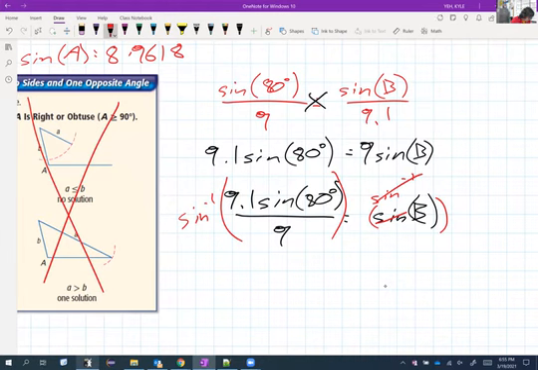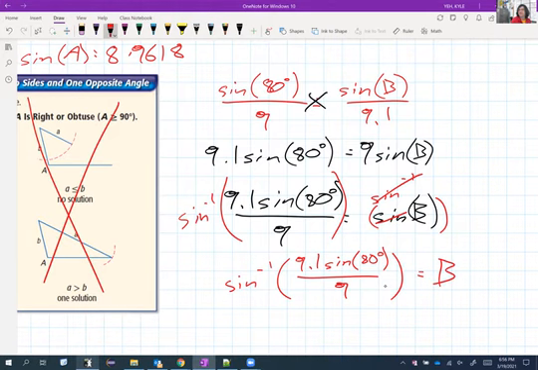So as I'm writing this down, what I want you to think about is, what is inverse sine doing? Think back all the way to 13.1, when we said inverse sine is telling us what angle has this sine value.